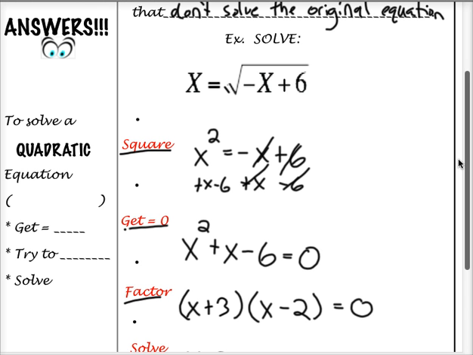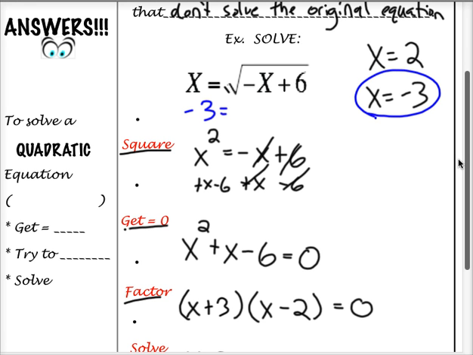So these extraneous solutions, these solutions that don't actually solve the original equation, those happen when you plug in an x value that would set a radical equal to a negative number. So when we're talking about x equals 2, and x equals negative 3. Well, notice if I plug that in, I'm going to have a radical set equal to a negative number, okay?